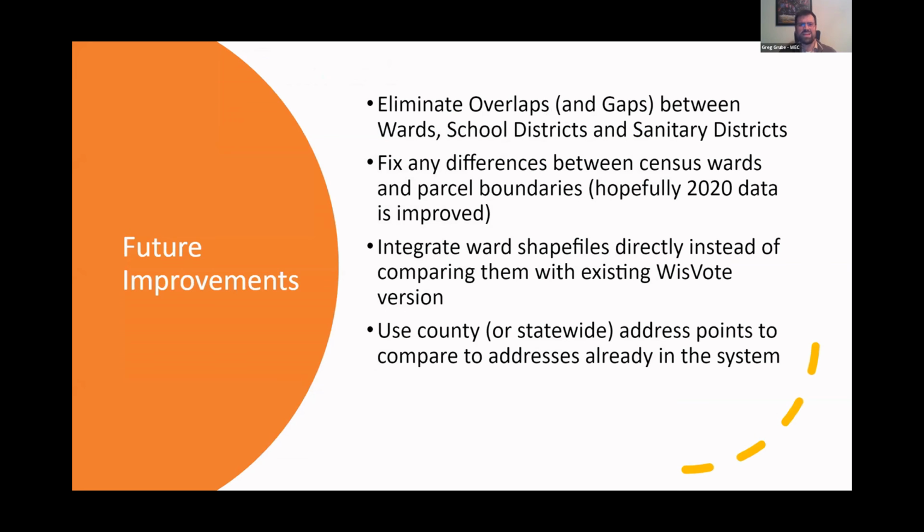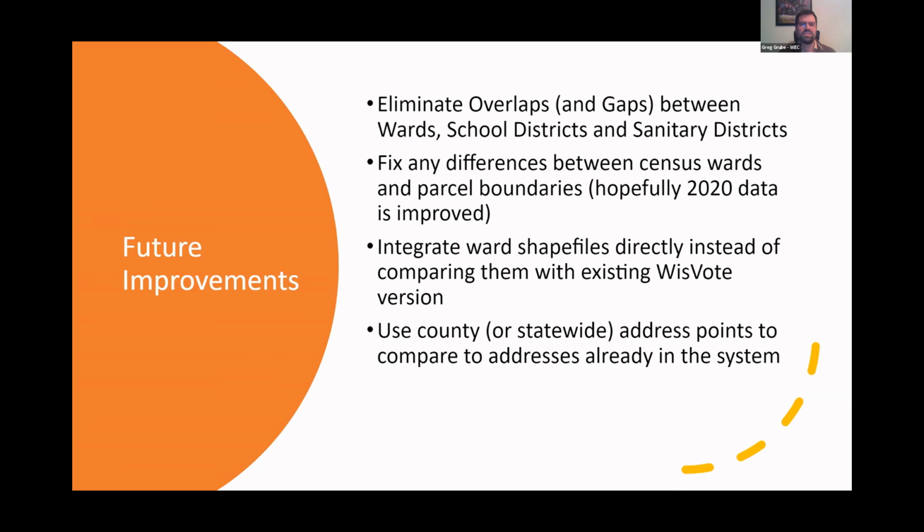Then again, any differences between the census wards and the parcel boundaries are the kind of stuff we want to get corrected. As Ryan mentioned, it's late in the process to get the blocks fixed, but hopefully we've done enough legwork that the 2020 data is much improved on that end.